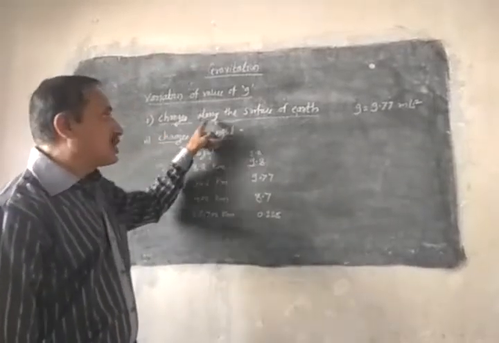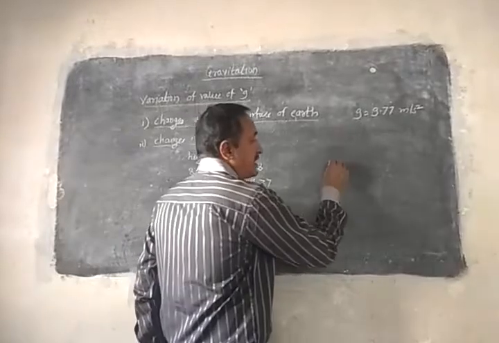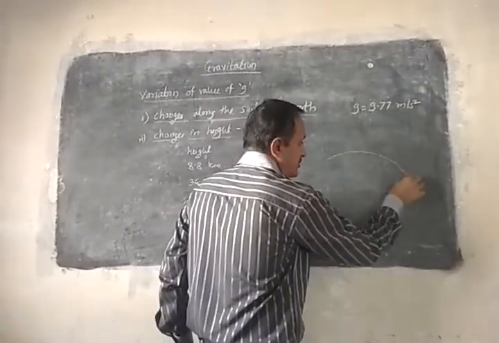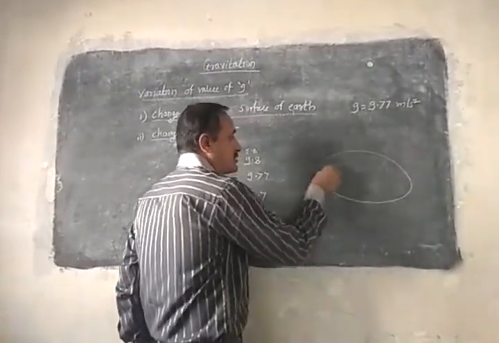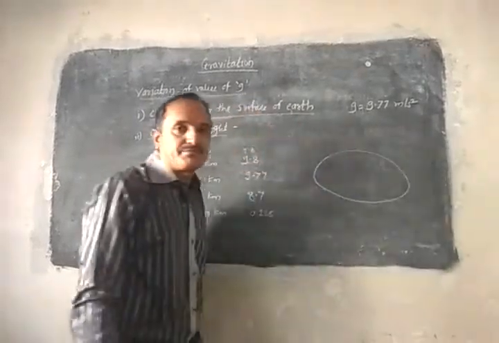First, changes along the surface of Earth. Now see the shape of Earth. The shape of Earth is not perfectly spherical.